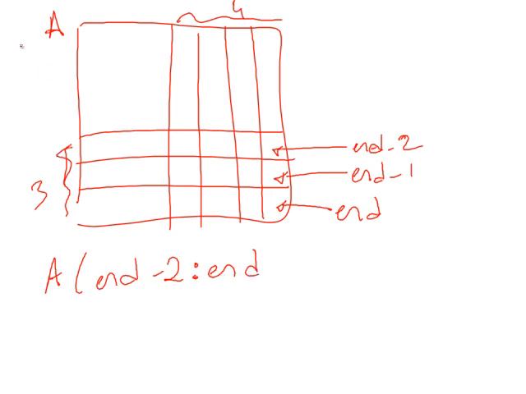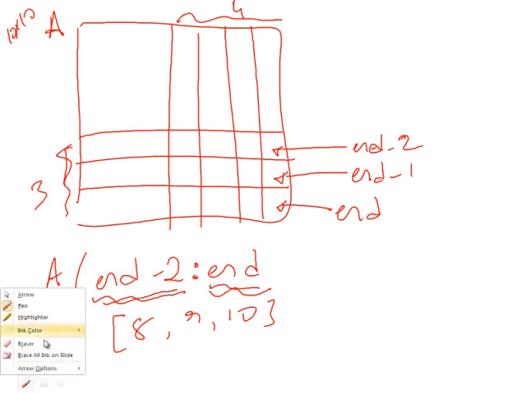If A has a size 10 by 10, end minus 2 would be 8, end would be 10, and you would go from 8, 9, 10. This would be the vector that end minus 2 all the way to end generates.